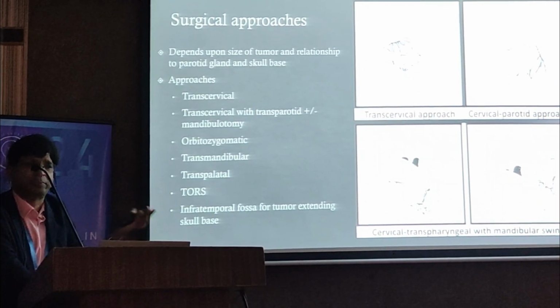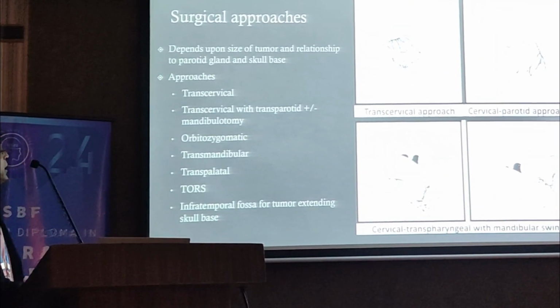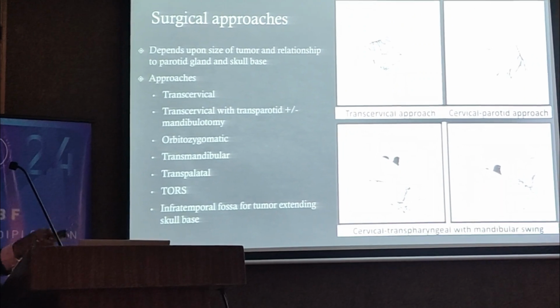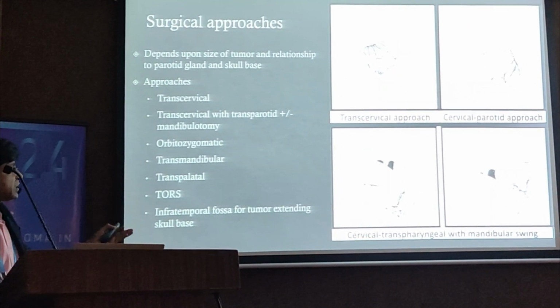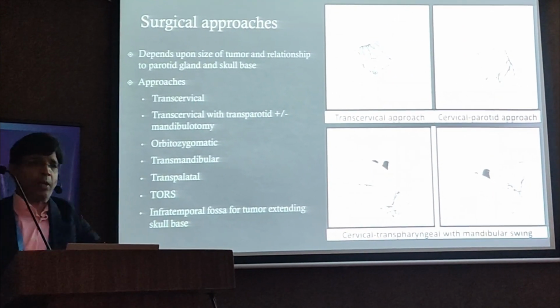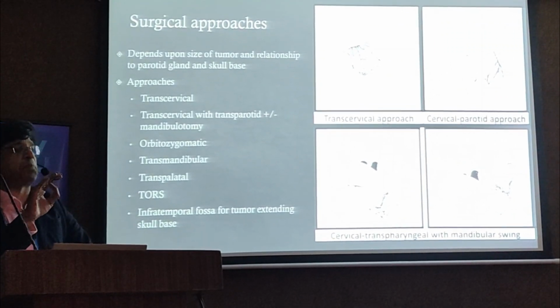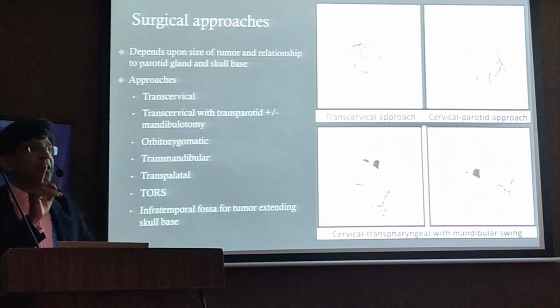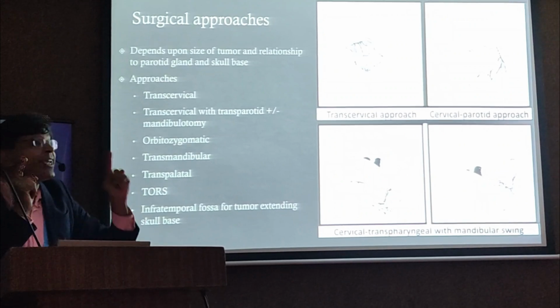So you can do that. That is doable. So there are transcervical approaches, cervico-parotid approaches, and cervico-transpharyngeal approaches with mandibular swing. But believe me, I have seen people operating with the mandibular swing who still use their finger there at the skull base.